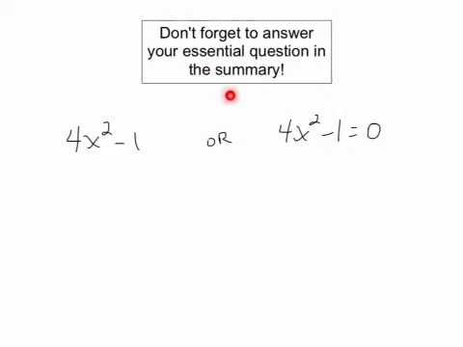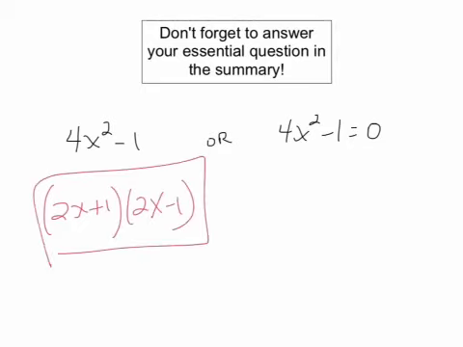And just a quick little reminder, if you have 4x squared minus 1, they ask you to factor, then you're factoring. And that's it. That's all you do. This is factoring.